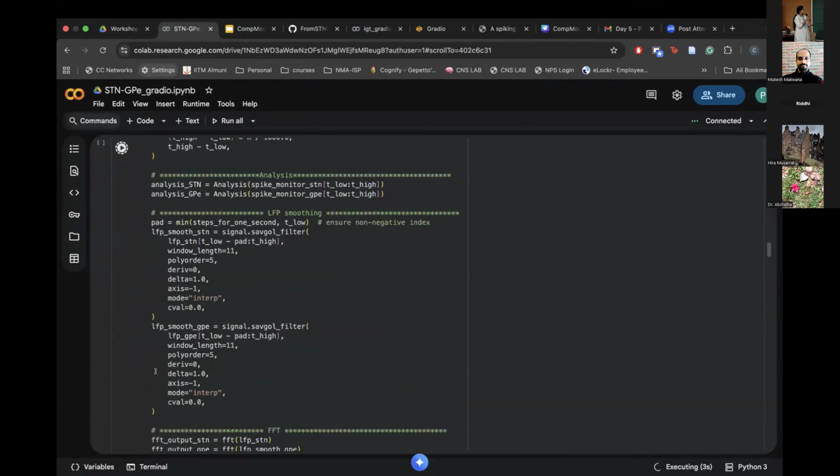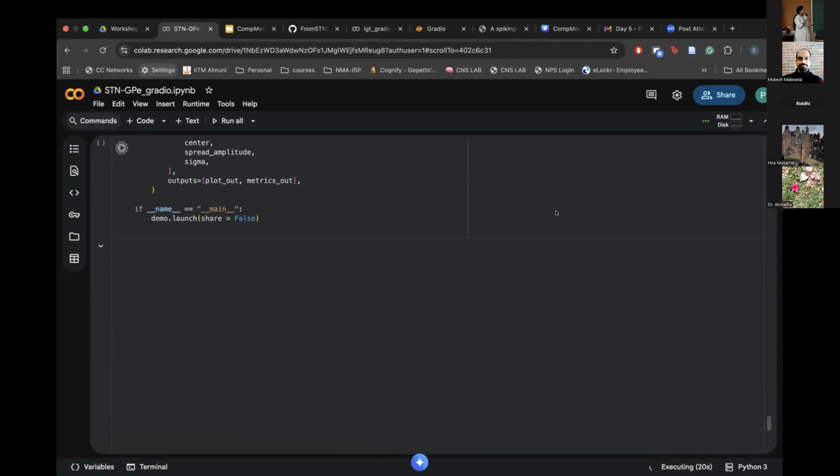Are you guys able to open it? If you are facing any issues, let us know. It's just that STNGPe radio file, you just run it from top to bottom. It will create a simulator link. Click open that simulator link. From there, I'll show you guys what to do. Is everyone able to open the simulator page?